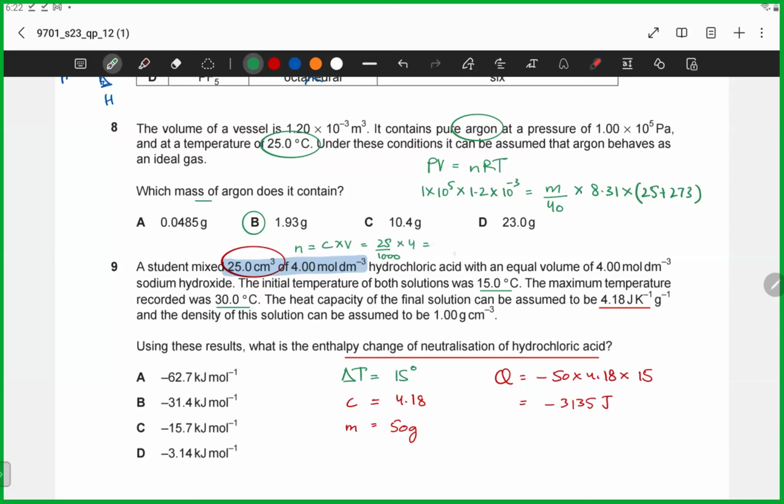That's 100 divided by 1000, 0.1 moles, right? So what we calculated is for 0.1 moles. Go to kilojoules, so it's minus 3.135, right? So for 1 mole, what's that going to be? B? Okay, B will come, right?